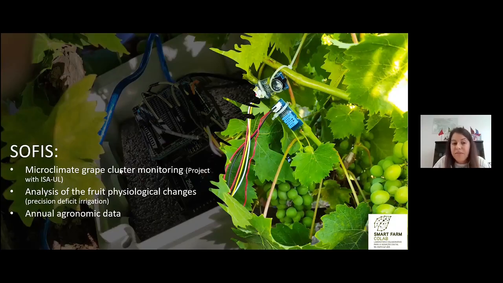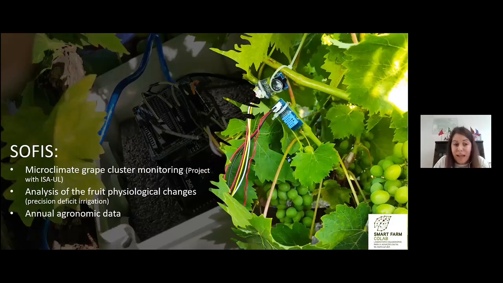For example, this is very important in the wine industry to analyze the microclimate associated with the grape clusters, for controlling the quality of the grapes before the winery.